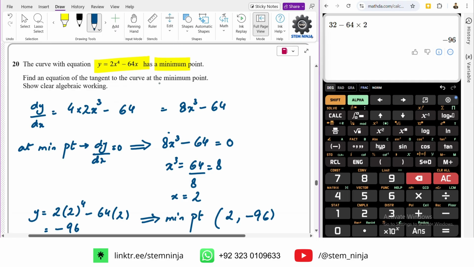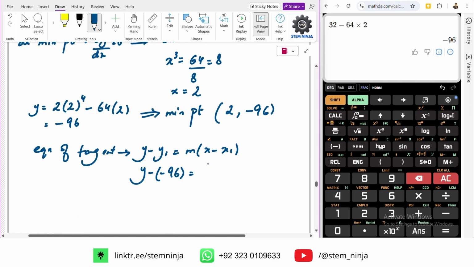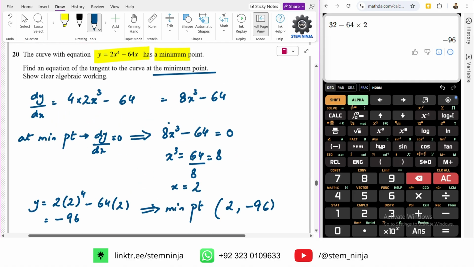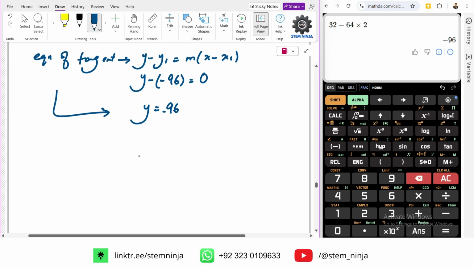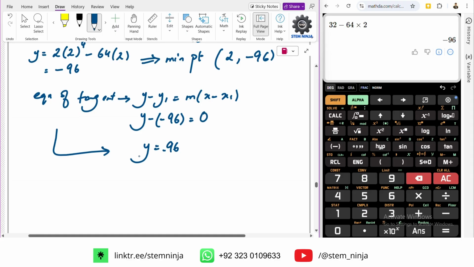Oh, sorry, it's the minimum point, right? So there is no gradient, right, okay. So this would be 0, so the equation of tangent would be y equals to 96. That's it. Sorry, minus 96. Right, okay. Now let's move on to the next question.